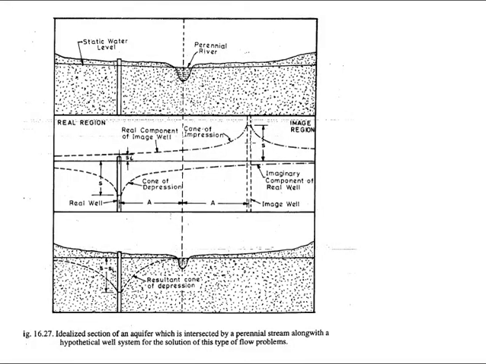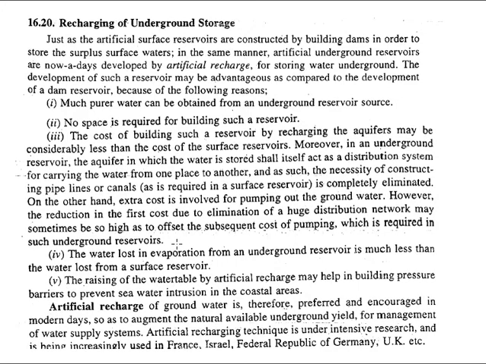So there is basically no drawdown at the boundary. This drawdown and this buildup cancel out each other, so there is no drawdown in the case of the imaginary well. This is one thing that is not found in the real well. In the real well there will always be a drawdown, but in this case there will be none.